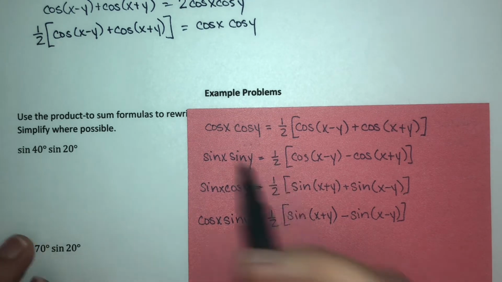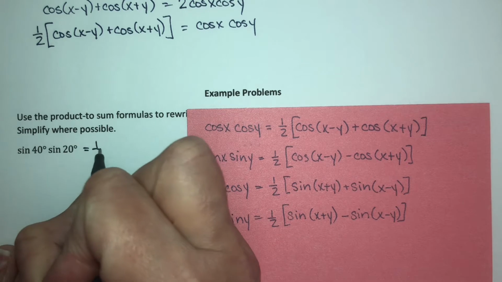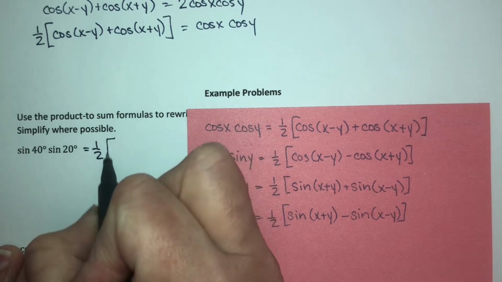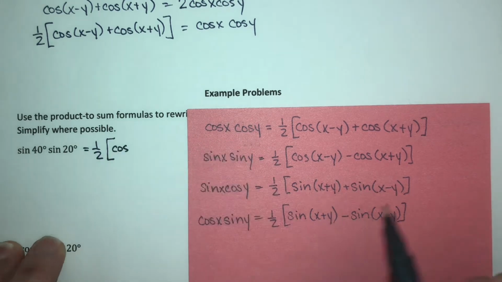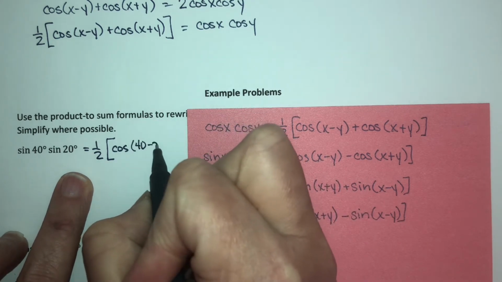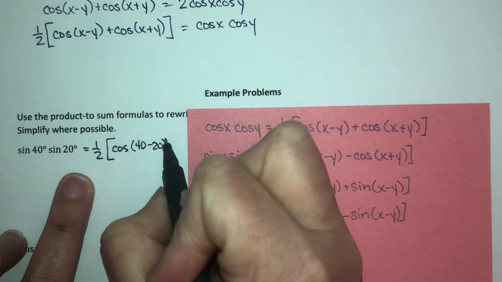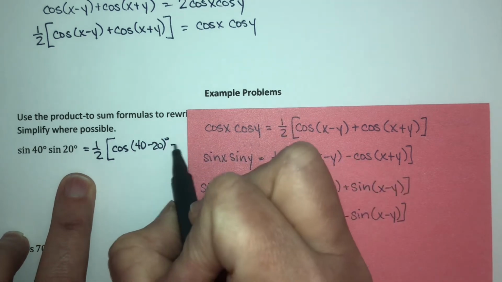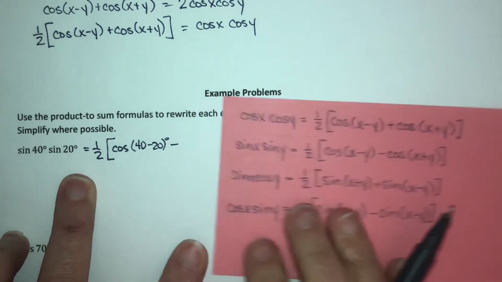This is equal to 1/2 of cosine of, subtract the two, so 40 minus 20 degrees, minus cosine, add them together.